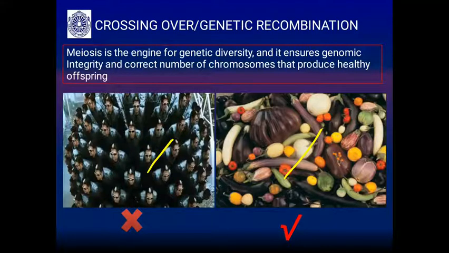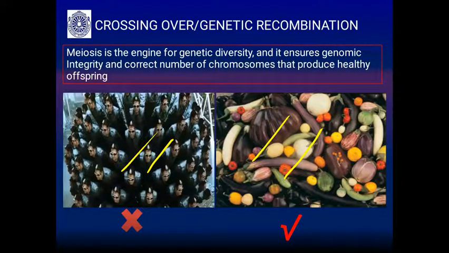We may have curly hair, our mother may have straight hair. So we cannot be like this, right? This is the right one, because there is a lot of difference among human beings, even though the genetic constitution is the same. You will find so much diversity.